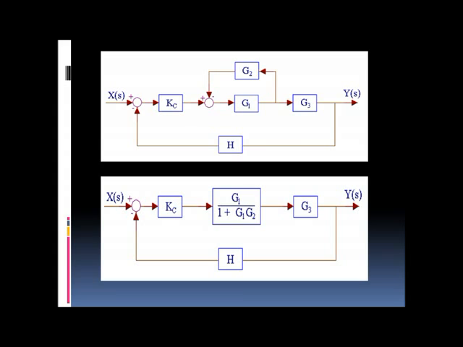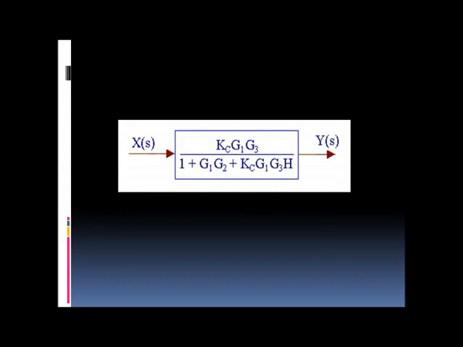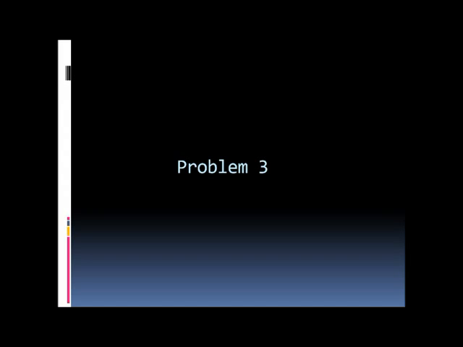Once we're cascading that, we get our next step. In the next step, they are eliminating the feedback loop, and we're getting the final answer. So YFS by XFS is equal to KC G1 G3 divided by 1 plus G1 G2 plus KC G1 G3 H, which is the final answer.